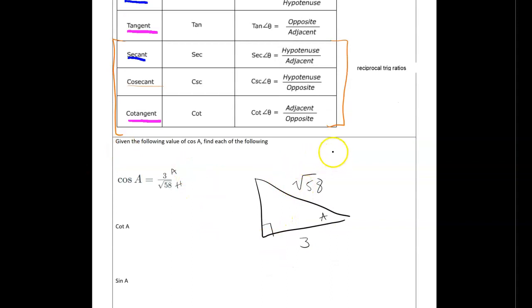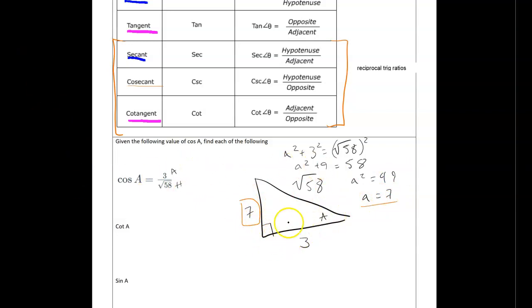I can figure out my other side by saying a squared plus 3 squared equals square root of 58 squared. And then a squared plus 9 equals 58. That gives me a squared equals 49. And a equals 7. Right, so just Pythagorean theorem to get that remaining side.